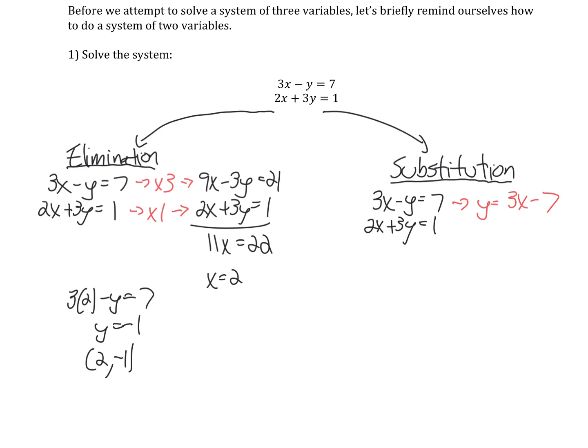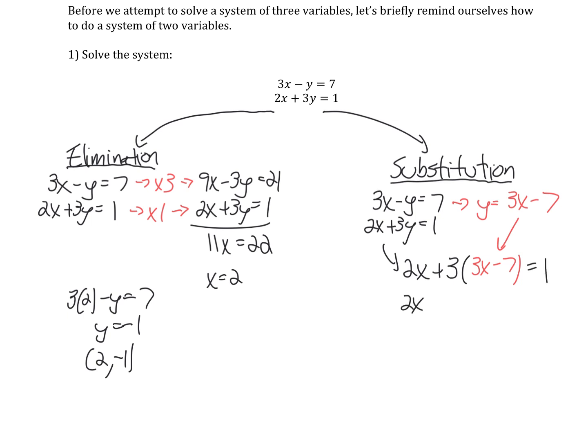And what I'm going to do now is take my second equation, the 2x plus 3y equals 1, and I'm going to substitute in the 3x minus 7 for y. I'm going to pull in the 3x minus 7 from up here, and now I have an equation of only one variable.